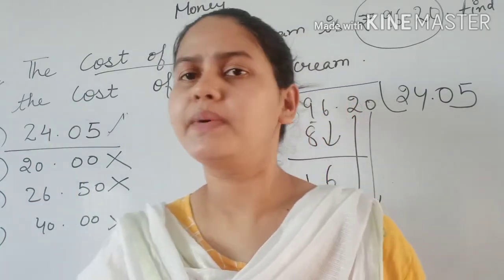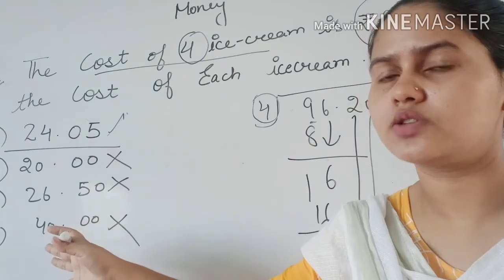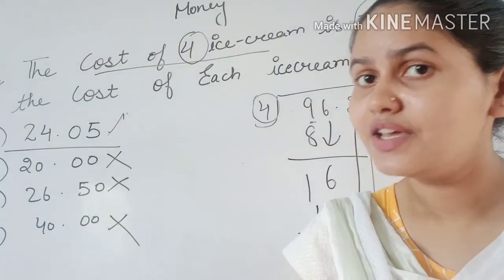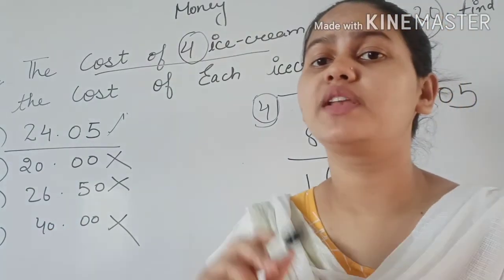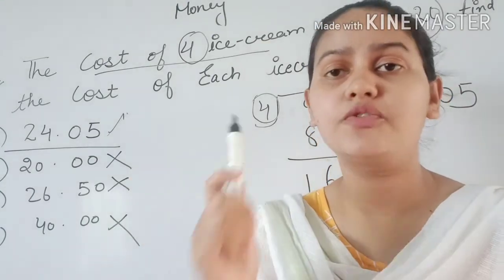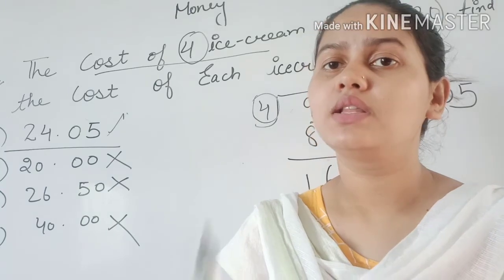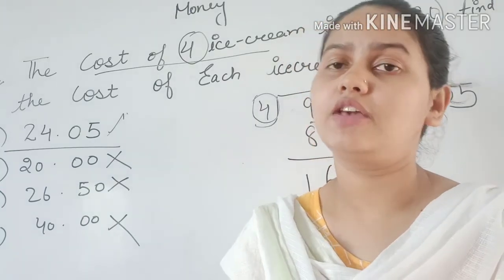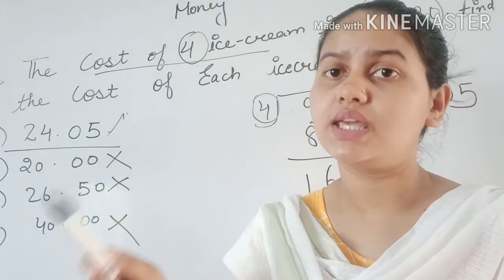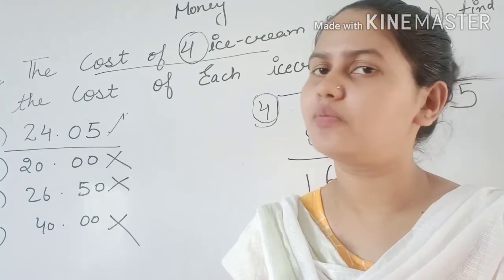Okay, as simple, you have 4 options, and you have to take one. If you choose the correct one, you will get your 1 mark. And if you take the wrong answer, then that will be your 0.